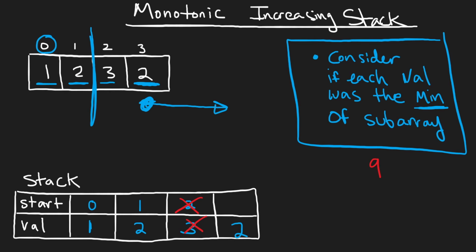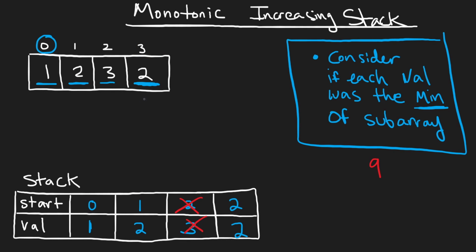As we iterate through the array, we're going to be extending this to the right if we're allowed to, but we can also extend it to the left as we pop elements from the stack, which we just did. So since the last element we popped started at index 2, that's what we got when we popped it, the index 2. So what we're going to say for this value is it started at index 2, not at index 3.